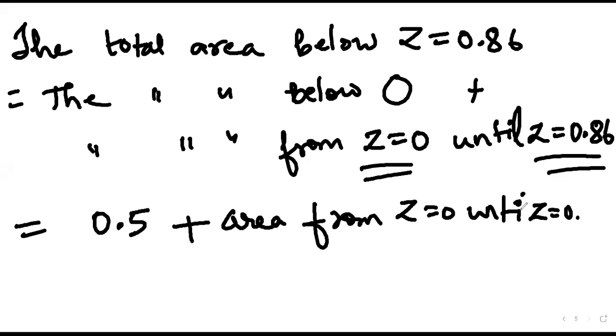Can anyone tell what is the total area from z equal to 0 to z equal to 0.86? For this, we require a table.